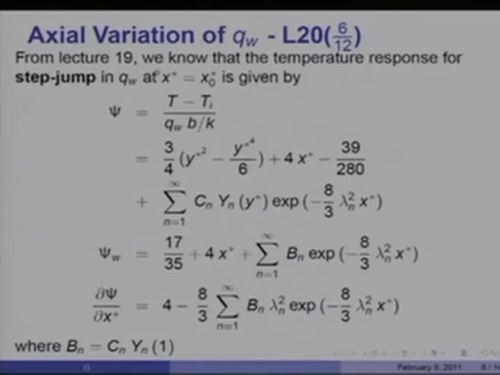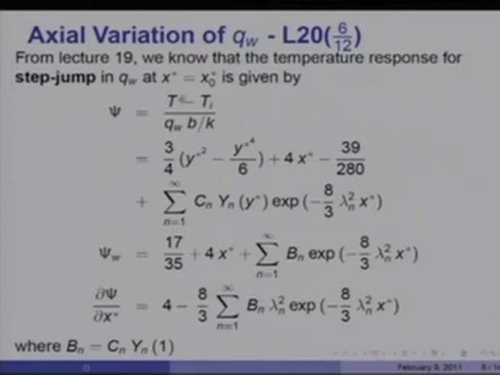So, from lecture 19, we know that the temperature response for a step jump in Q wall at x star equal to x naught star is given by T minus T I over Q wall B by K, this is the fully developed solution, plus this one is the developing part of the solution. Recall that we had said psi equal to psi fd plus psi developing, and this part is the fully developed part and this part is the developing part.